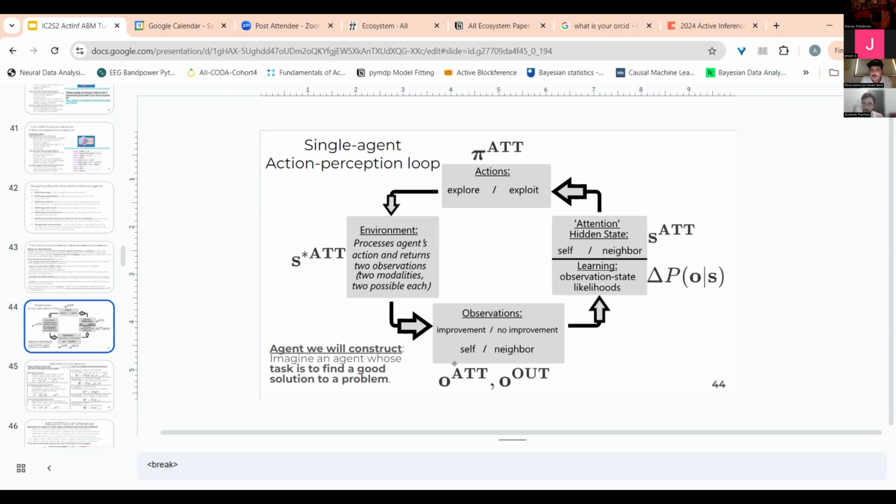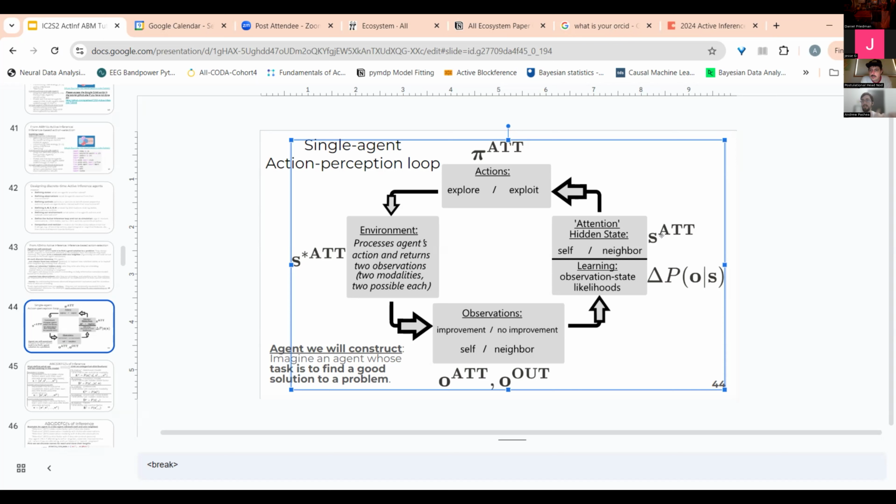So when they take in those observations, they have a single hidden state, which I've denoted S with superscript ATT. This is their attention hidden state.